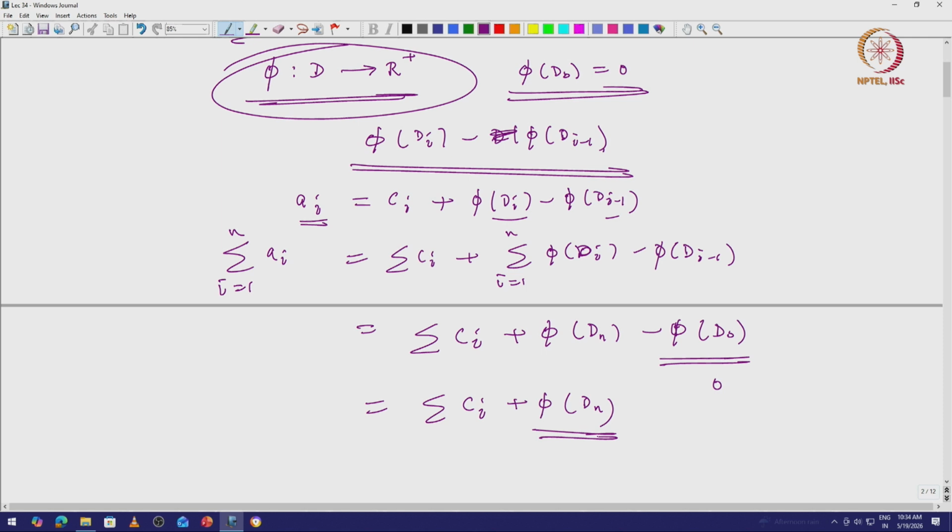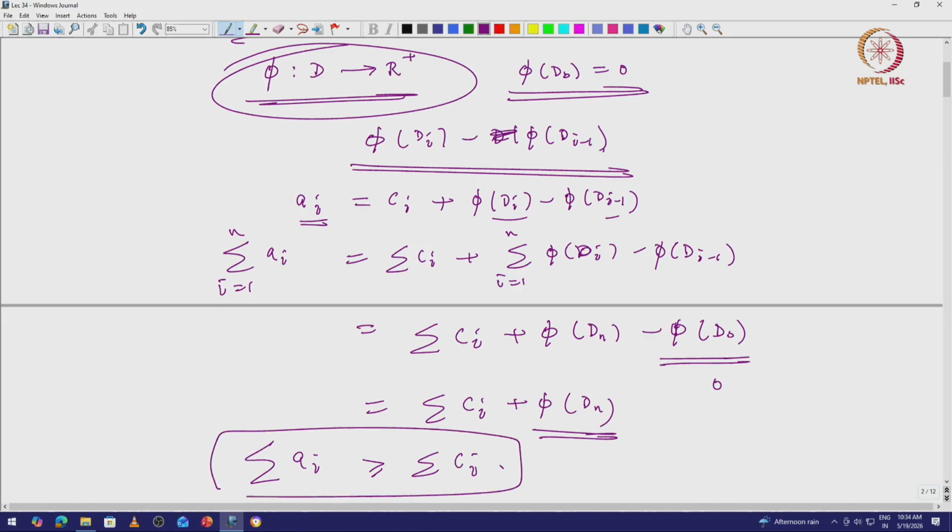But this is always positive. Our potential function is always positive. Even if it is 0, it is equal. If it is positive, you see that sigma Ai is greater than or equal to sigma Ci. This is the important property.